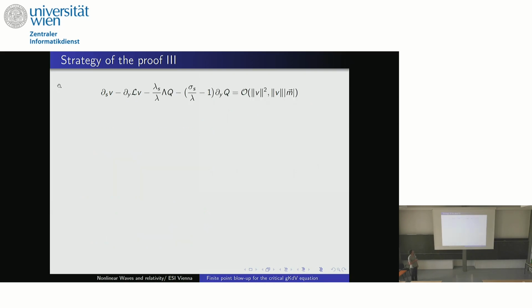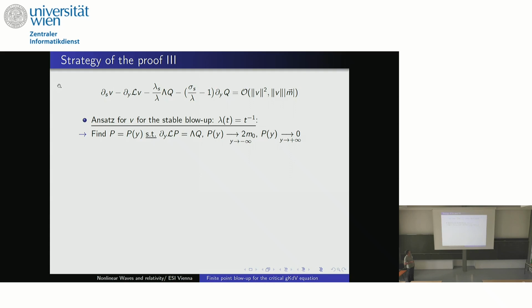So I want to find a good approximation of this solution. What is the ansatz for the stable blow-up rate? It's 1 over t. And the ansatz is this p, which is a solution of dy lp equal to lambda q. And this is typical of the gKdV: you have this dy here.